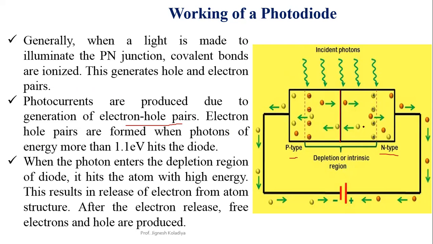Electron hole pairs are formed when photons of energy more than 1.1 electron volt hit the diode. When a photon enters the depletion region of the diode, it hits the atom with high energy. This will result in release of an electron from the atom structure. After the electron release, free electrons and holes are produced.